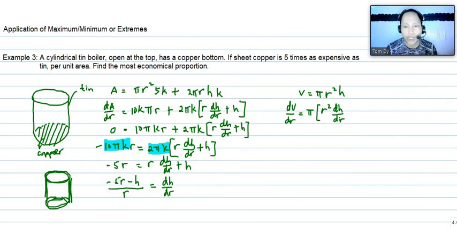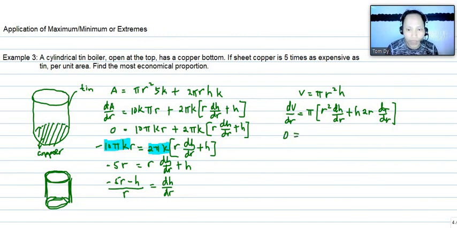Okay, so dh over dr plus r squared times the derivative of h, that is dh over dr, plus h times the derivative of r squared, that is 2r dr over dr. Dr over dr is equivalent to 1, so I need not write dr over dr. And then in extremes, we equate this to 0.